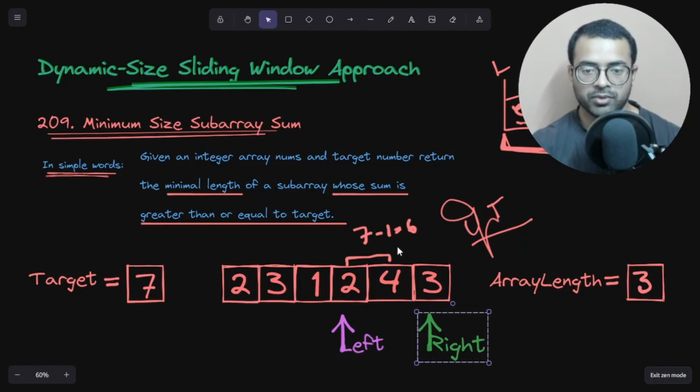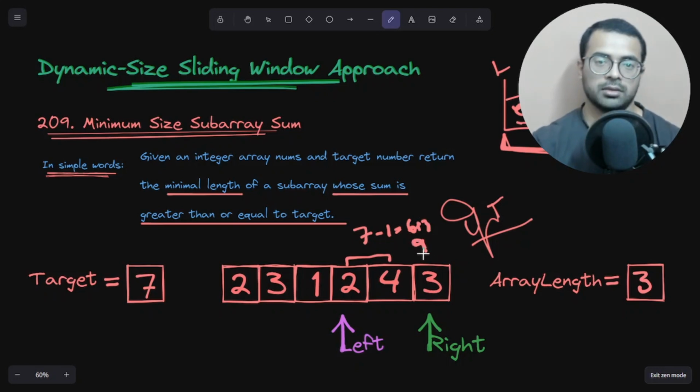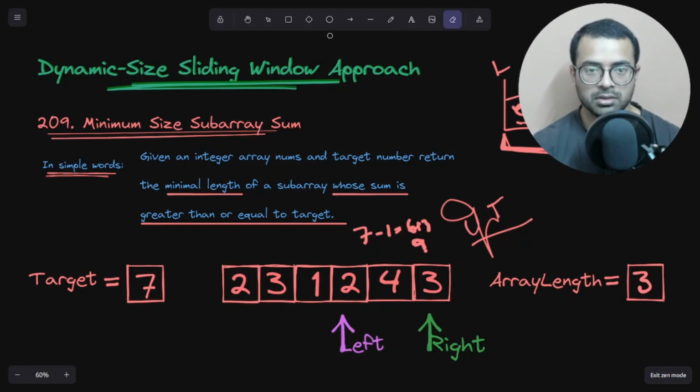Once the right moves one step forward, we add this 3 to this 6, so the result will be 9 here, right? And this is not the final output at the moment. Just the sum of these 3 elements of this subarray is 9. Okay, 4 plus 2 is 6, and 6 plus 3 is 9.